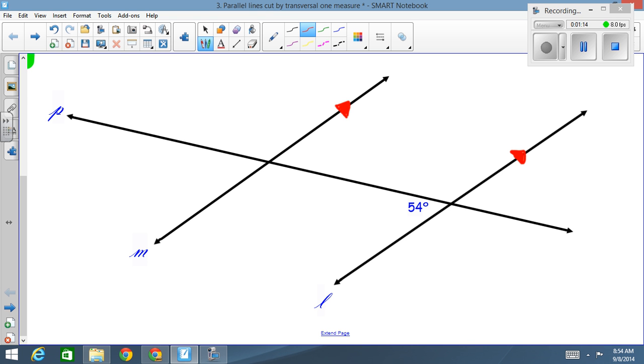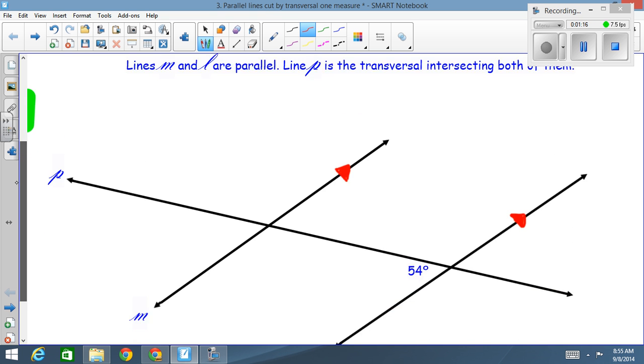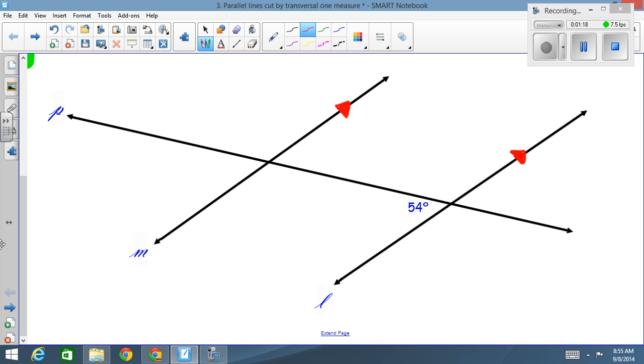Okay? And we are also told that line P is the transversal that cuts through them. So my transversal is this guy right here. Okay, that's my transversal. Here's the funny thing that happens.